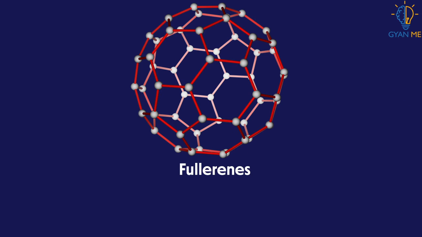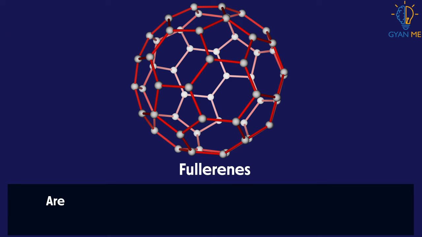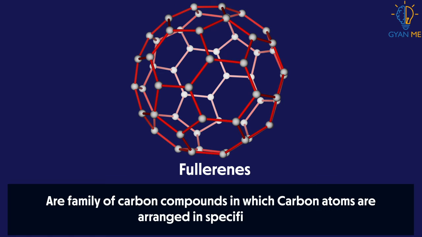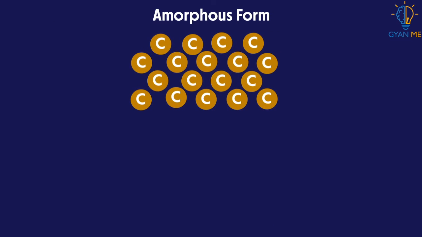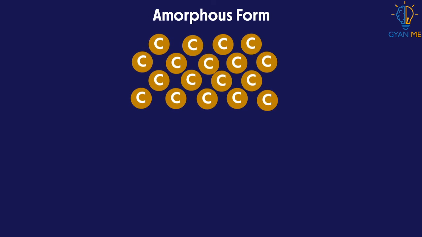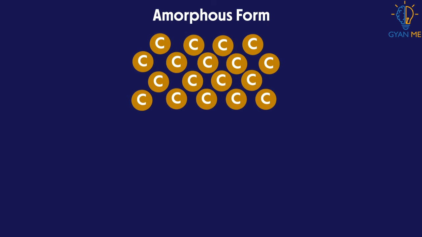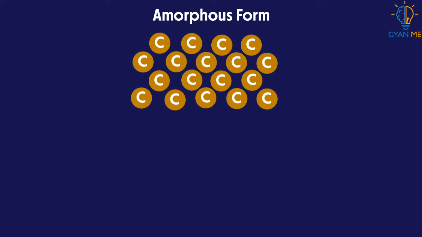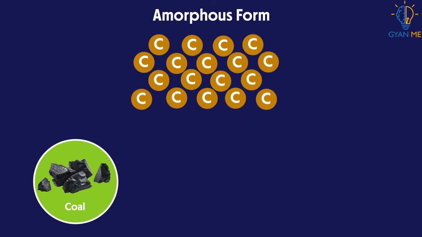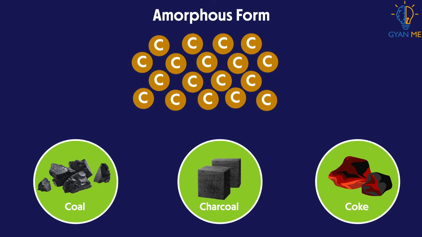Do you know that fullerenes are a family of carbon compounds in which carbon atoms are arranged in a specific shape? While in amorphous form, carbon atoms have no definite arrangement or any particular shape. For example, coal, charcoal, coke, etc.